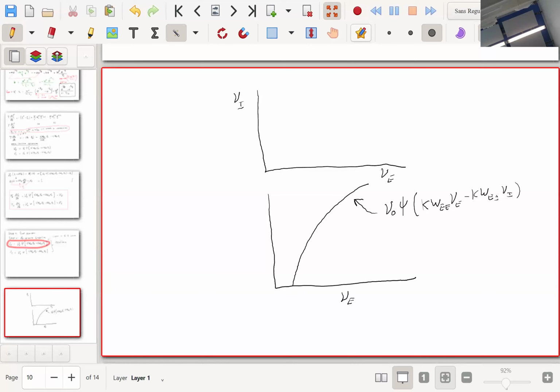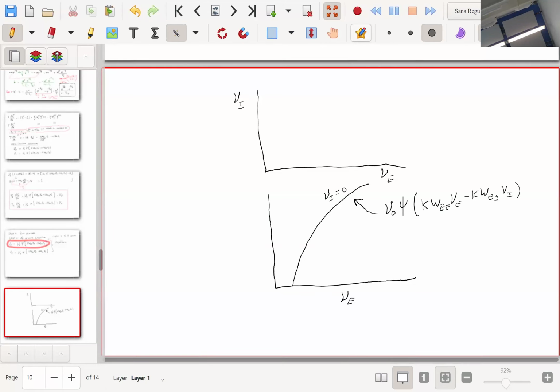And we're going to plot this curve for different values of nu I. So this curve here is the curve when nu I equals 0.